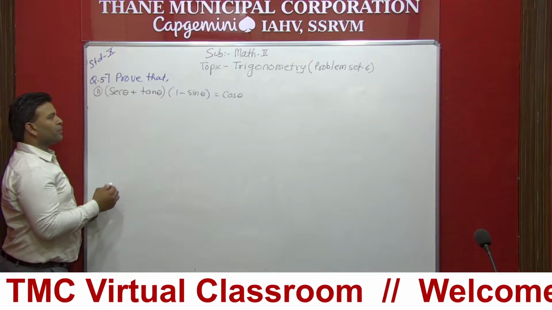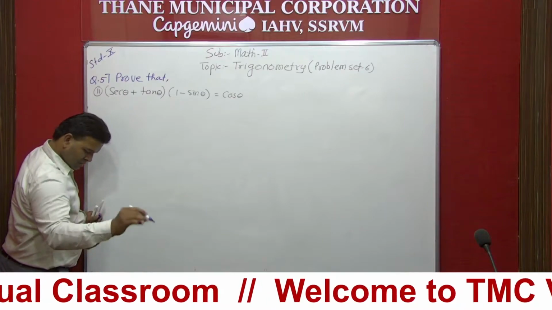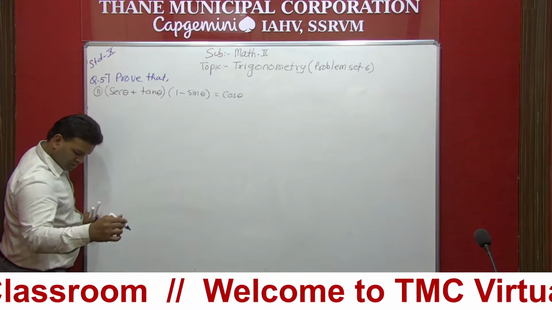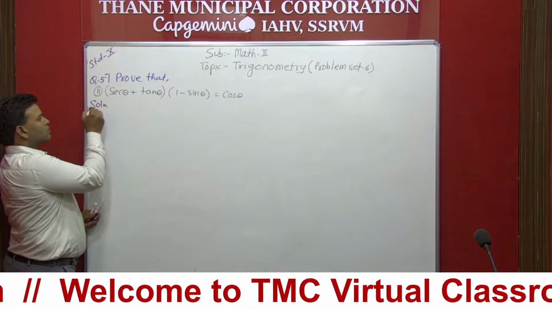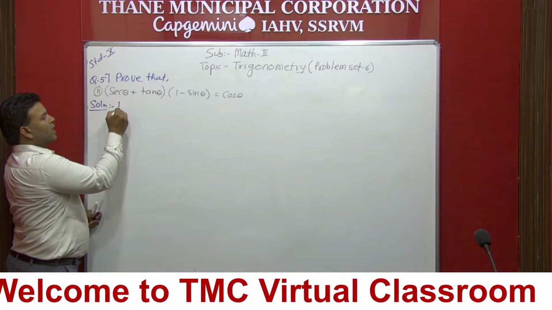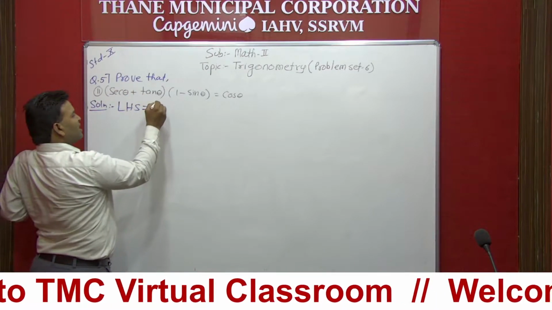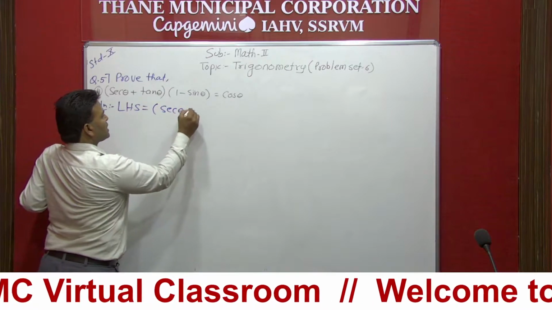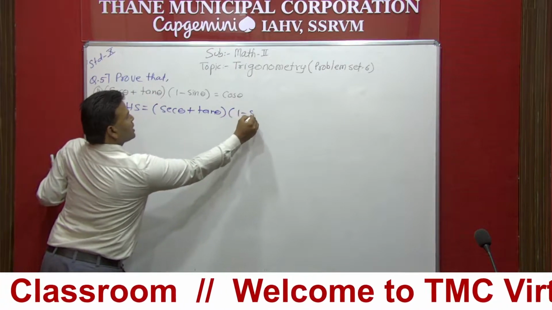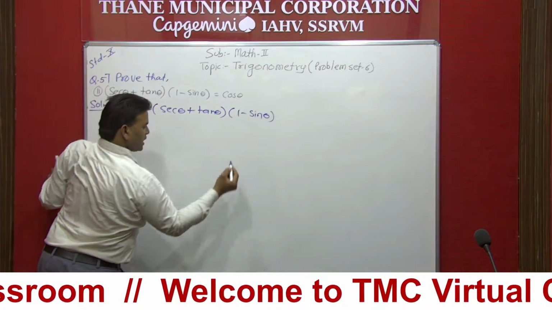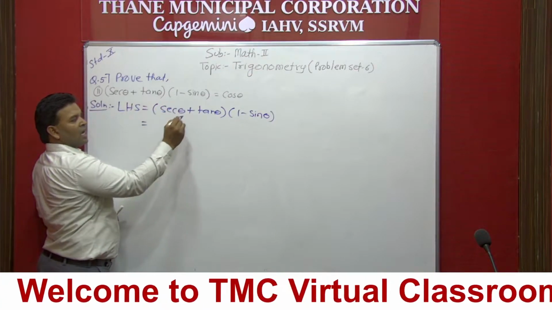Now in the proof part, first I will write down the solution. Here, LHS. Let me write on the left hand side: sec theta plus tan theta, second bracket 1 minus sin theta, that is equal to, now here sec theta and tan theta.